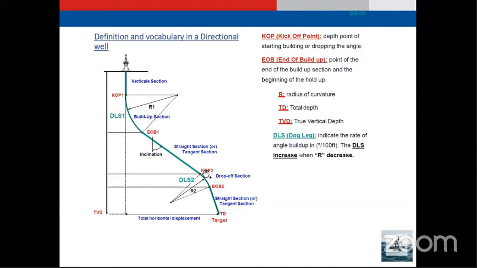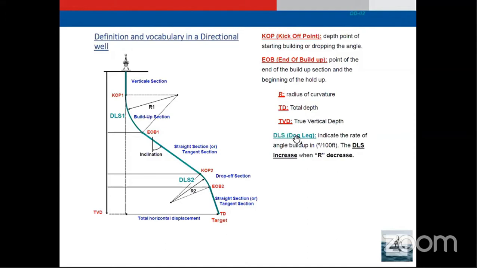We sometimes call it a kickoff point too, but we don't usually call it that. We call it the drop off point or start of drop, then we reach the end of the drop off section, then the tangent section.